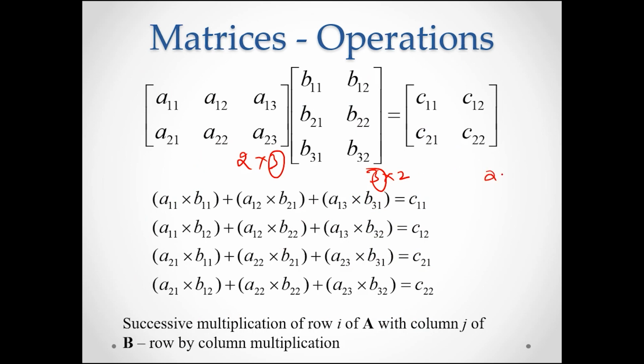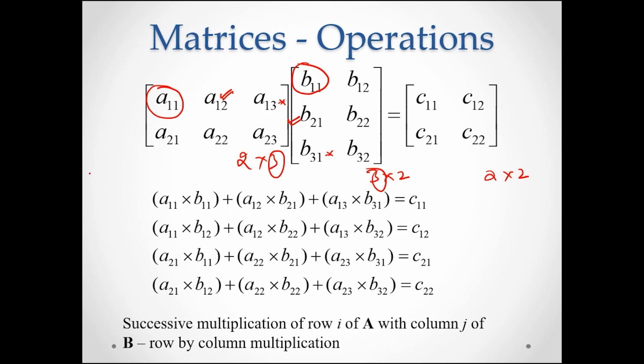The output will be of the form 2 cross 2. Now we have to multiply. What do we multiply? Multiply first A11 with the corresponding B11. Okay. Then add the next entry A12 with B21. Okay. And then add A13 with B31.